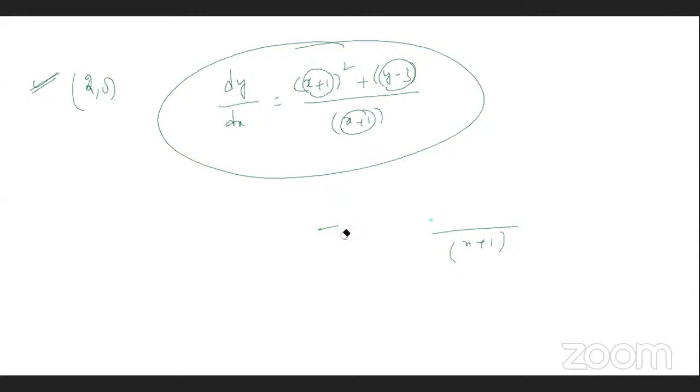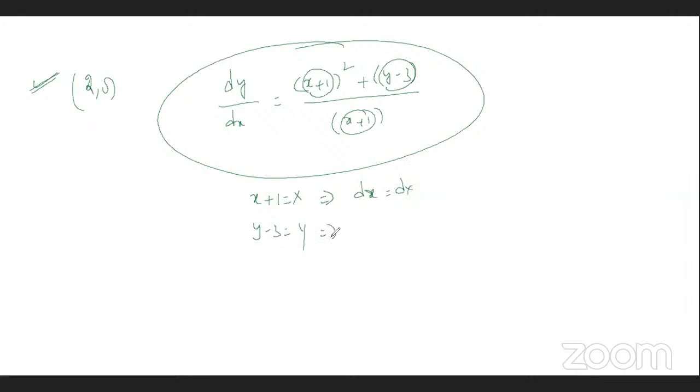But another idea is, the problem is in terms of linear in x and y, so x plus 1, y minus 3. I want to reduce the complication, and finally I will move into the linear differential equation only. So small x plus 1 is capital X, small y minus 3 is capital Y. So what is d small x?